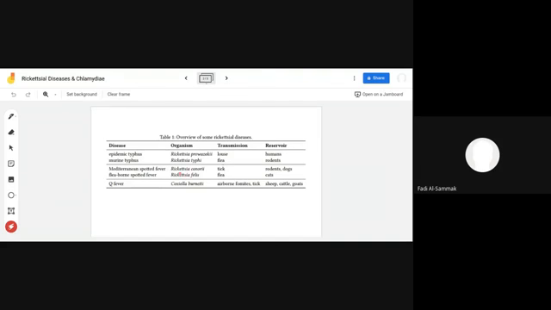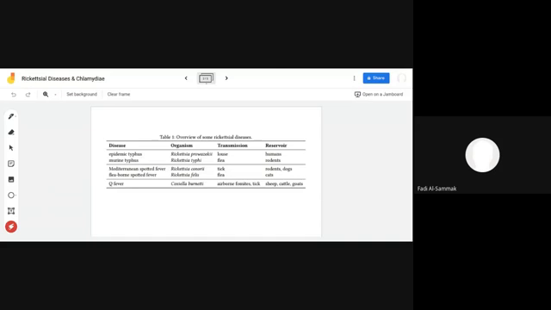So this is the first group. Now you have to differentiate. What's very important here is that you should make a contrast between the typhus and the spotted fever in terms of the causative agent, reservoirs, transmitting vector, and also clinical picture.